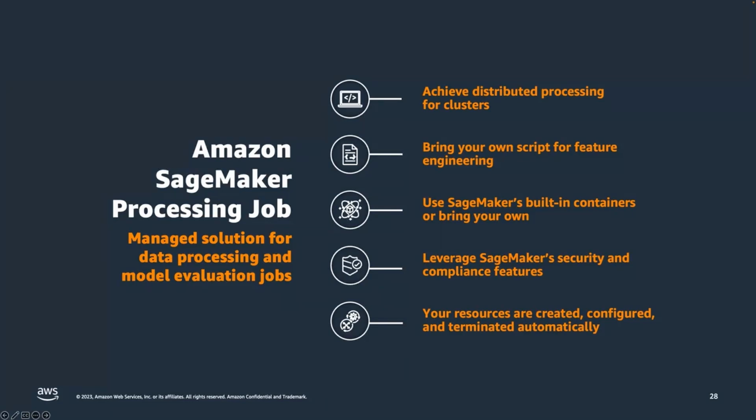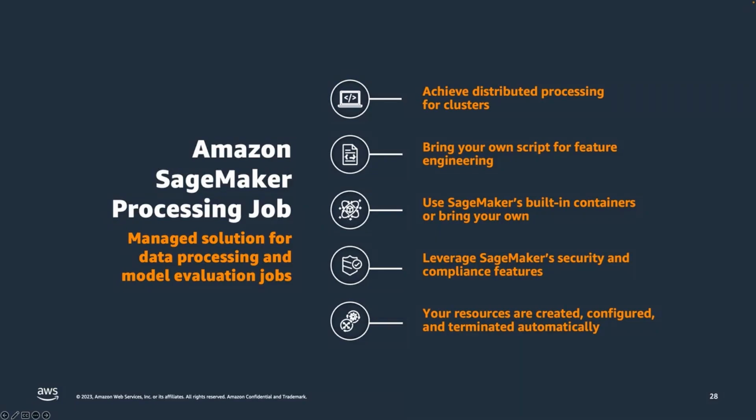Currently, for processing, the built-in containers include scikit-learn and PySpark and various framework processors that can run processing jobs with a particular machine learning framework, such as PyTorch or TensorFlow.